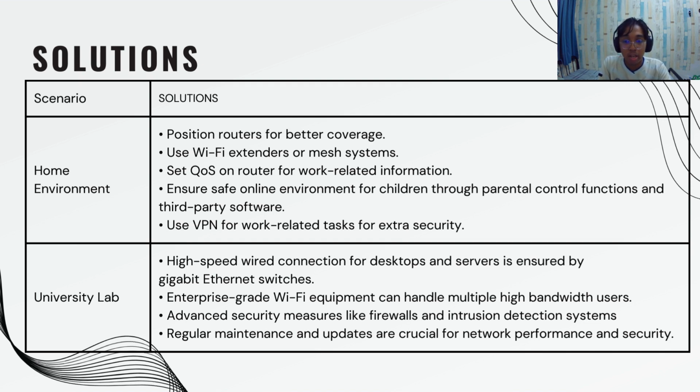Using a VPN can help protect sensitive work-related data from potential cyber threats. A VPN enhances the security of data transmitted over the internet, ensuring that work-related tasks and communications remain confidential and protected from unauthorized access.